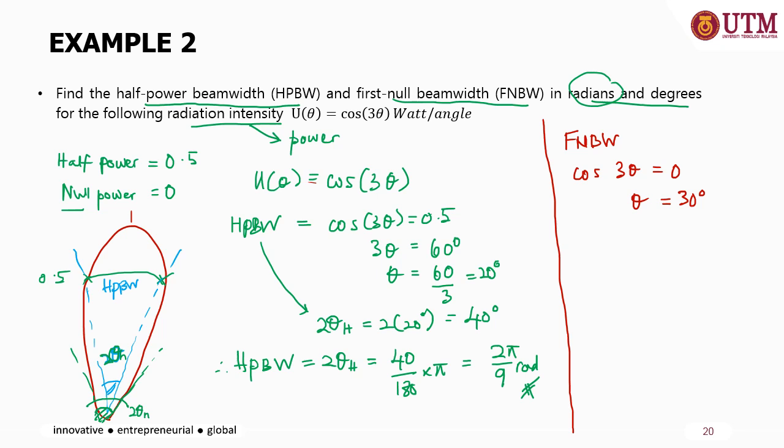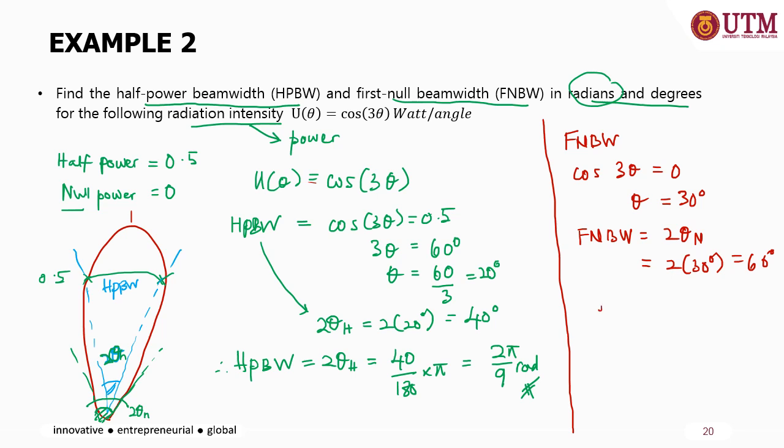Don't forget for FNBW, you need 2 theta, so this is equal to 2 times 30, equal to 60 degrees. And don't forget to convert that into radians as well.